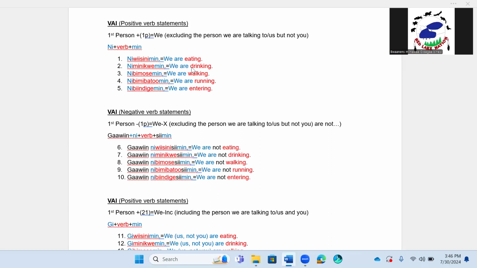We are drinking. Number three, nibimosemin. We are walking. Number four, nibimibatoomin. We are running. Number five, nibindigemin. We are entering.